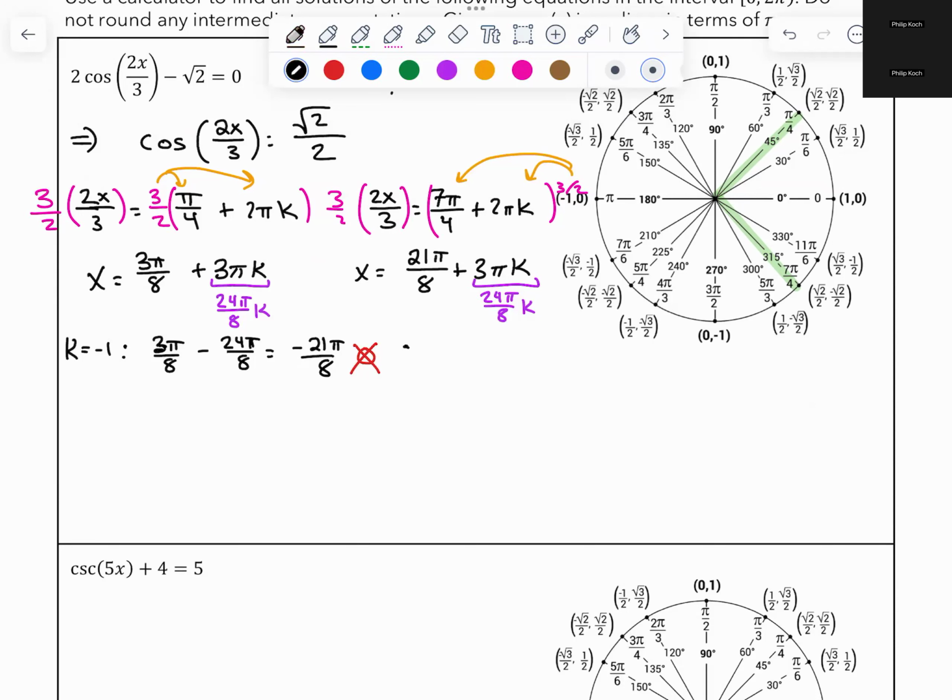Similarly, we'll plug in the other one: 21 pi over 8 minus 24 pi over 8. And it's minus because I'm plugging in k equals -1. It's plus 3 pi k, so it's going to be plus 3 times 3 pi times -1, which will just make it subtraction. And that'll be -3 pi over 8. And that's also not in there.